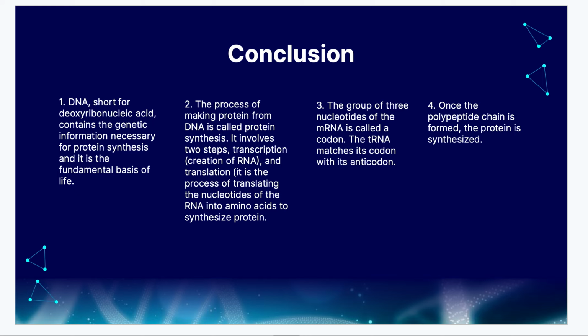It involves 2 steps: transcription, the creation of RNA, and translation, the process of translating the nucleotides of the RNA into amino acids to synthesize protein. 3. The group of 3 nucleotides of the mRNA is called a codon. The tRNA matches the codon with its anticodon. And once the polypeptide chain is formed, the protein is synthesized.